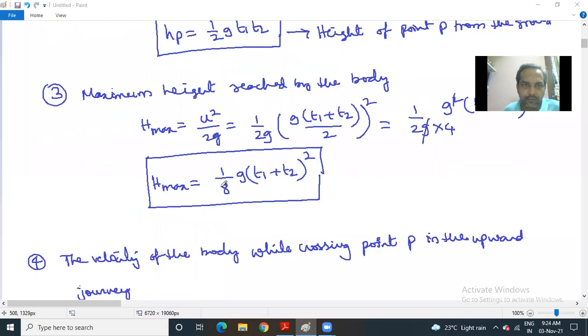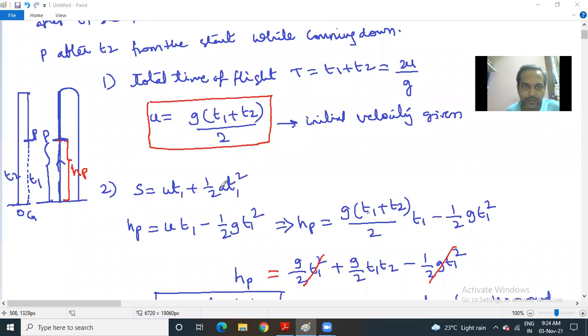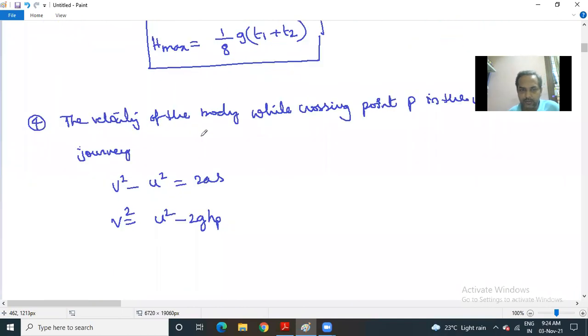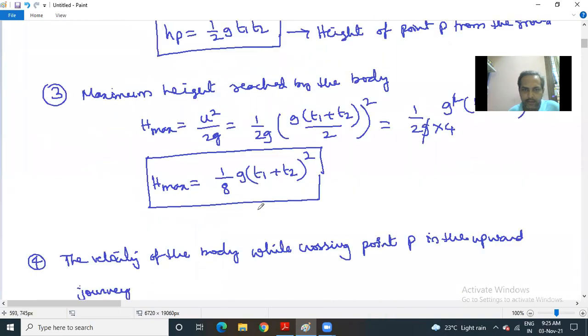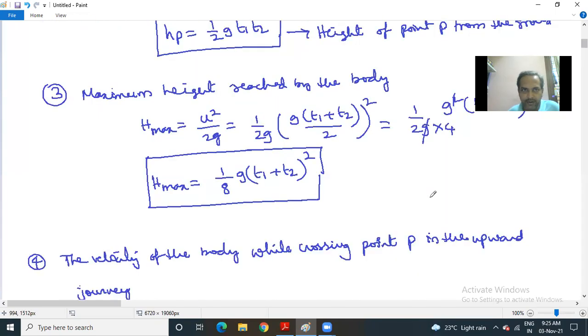Now let us make use of the expression of initial velocity and the expression of height of point P. So the expression of initial velocity, once again, g of t1 plus t2 by 2. This will be whole square because the u expression is g of t1 plus t2 only by 2. Then minus 2g, height of point P. So what did you get for height of point P?